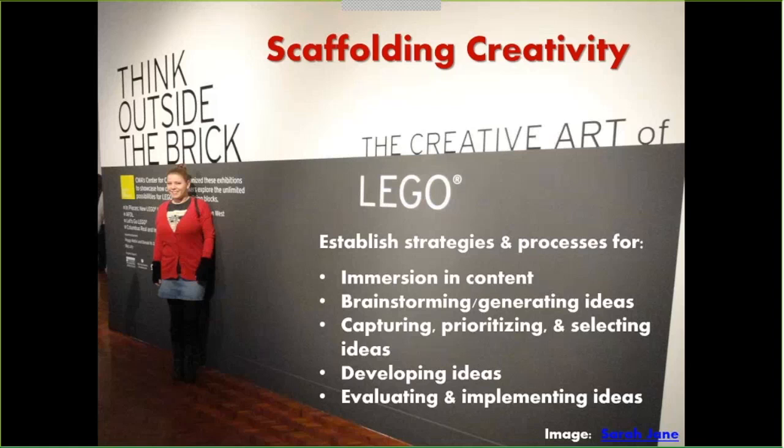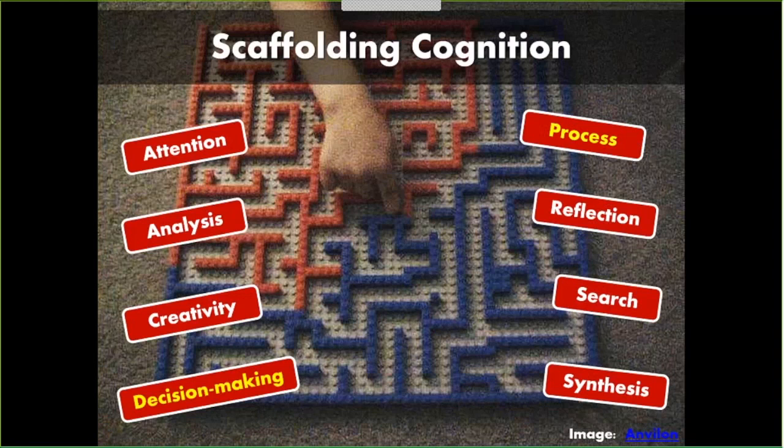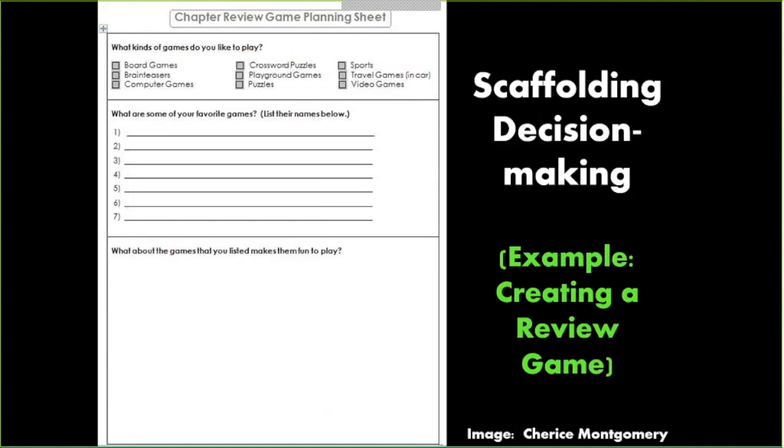We need to kind of wrap up, and so I'm going to skip through here. I want to say one quick thing about decision making. So if we want students to do something like, let's plan a game, then we need to think about what kinds of decisions they would have to make in order to generate that product. So we're thinking here about presentational communication.